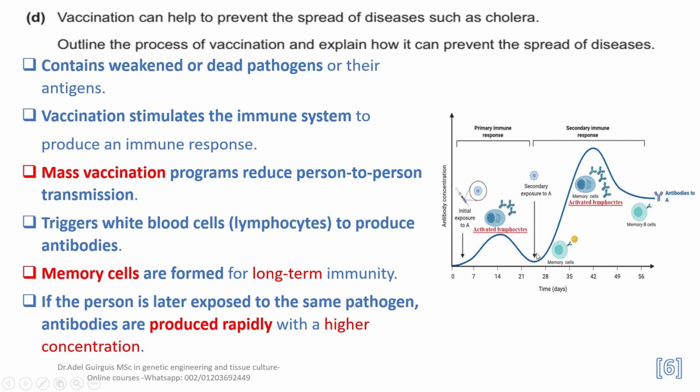What happens if the real pathogen enters our body? We will start the second immune response, fast and rapid production of antibodies at high concentration due to the presence of memory cells created during the first immune response, or primary immune response.